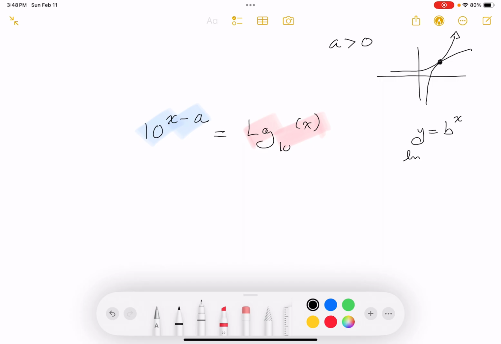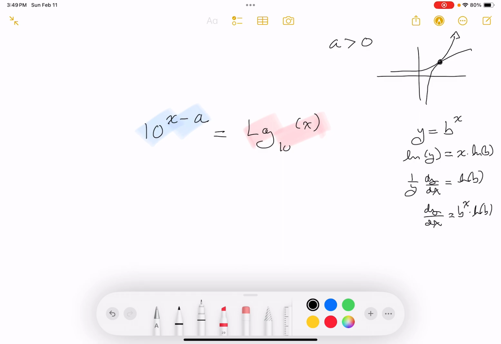I'll do natural log, because natural logs are easier to differentiate. It's going to be ln y equals x ln b. Then take the derivative of this: 1 over y dy/dx equals ln b. So what do you get? dy/dx would equal y, which is b to the x times ln b.